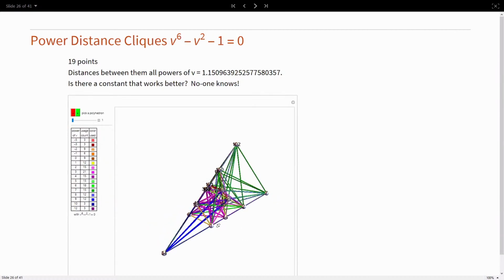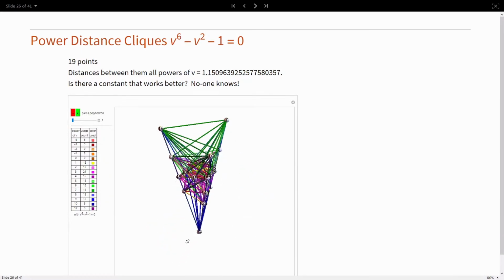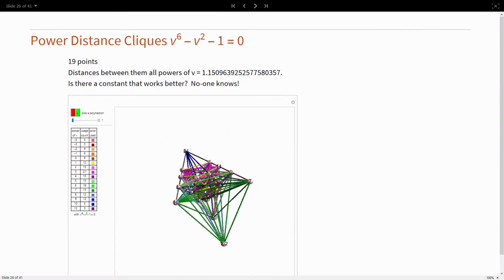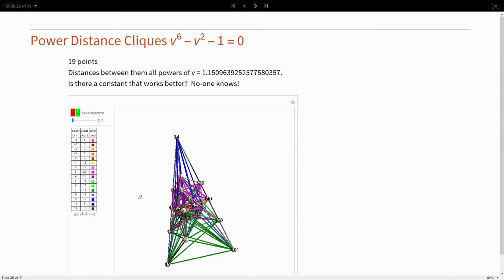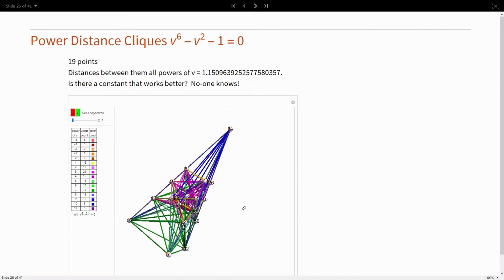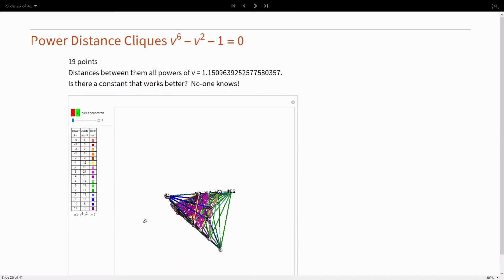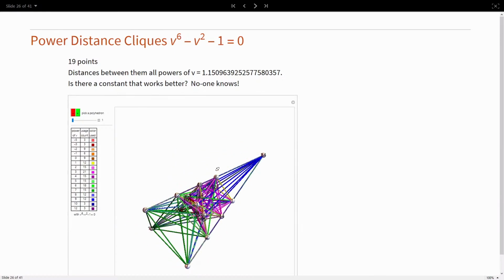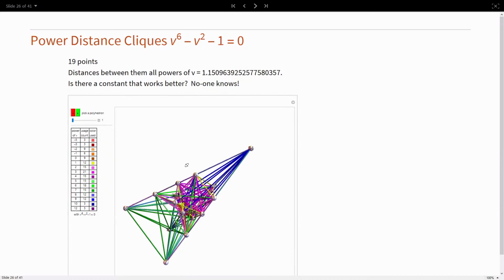And if you expand that to 3D space, you can get 19 points that are all powers of the plastic constant. I call this the plastic pyramid. This is just something I found playing around.